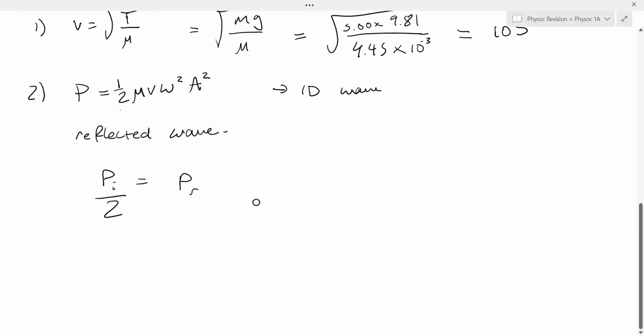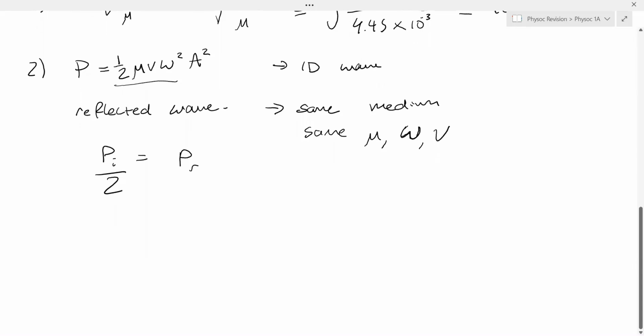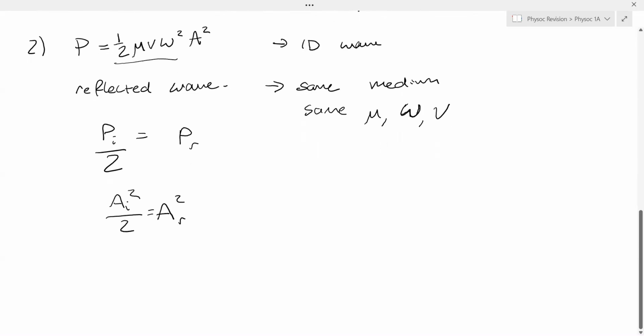And we pretty much have the exact same values here for the reflected wave, because it's in the same medium, which means we have the same linear density, same speed, same frequency, and same wave velocity. So essentially this just boils down to our initial amplitude squared over 2 is equal to our reflected amplitude squared.